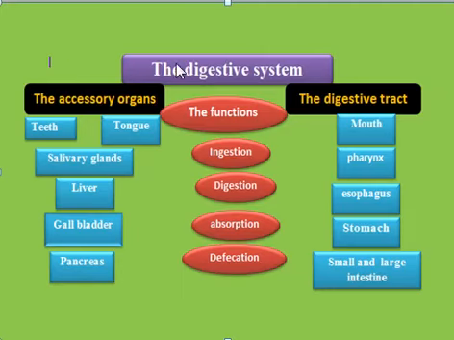And generally, the digestive system is divided into two anatomical divisions: the digestive tract and the accessory organs. The digestive tract is a tube extending from the mouth to the anus, measuring about 9 meters, equal to 30 feet in length.